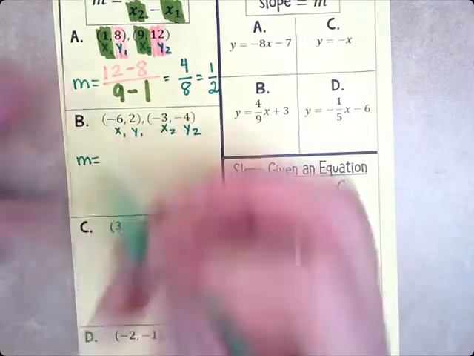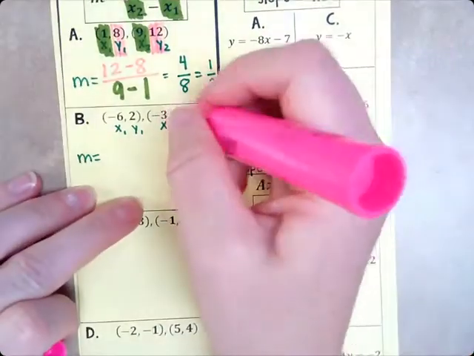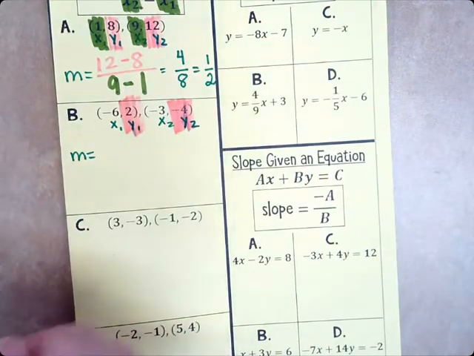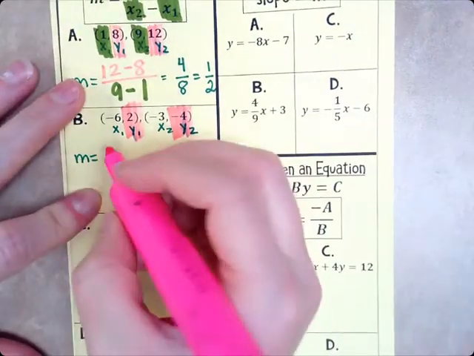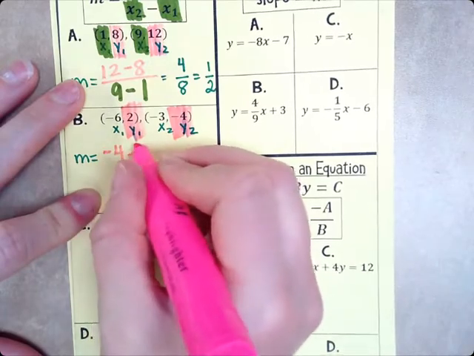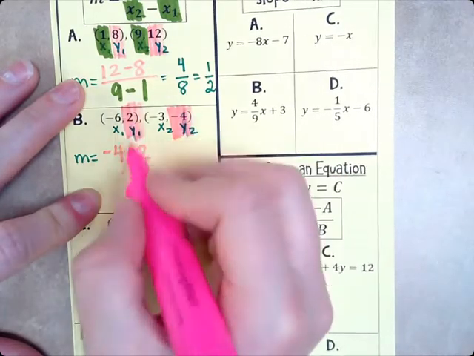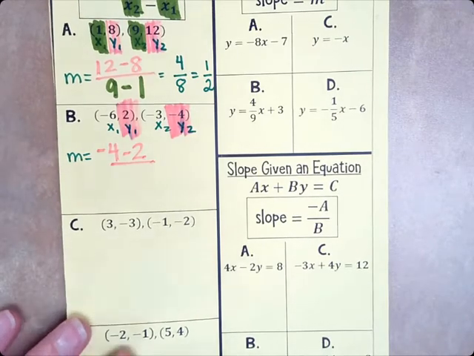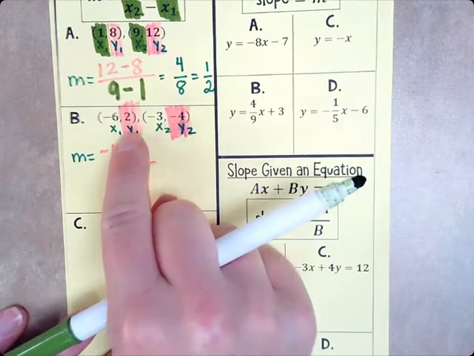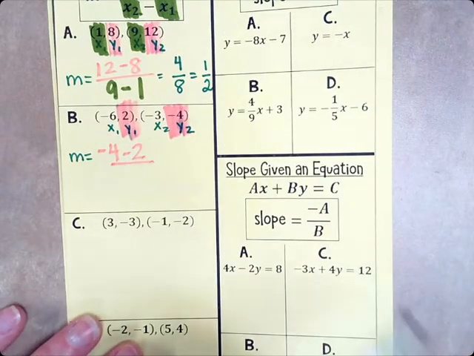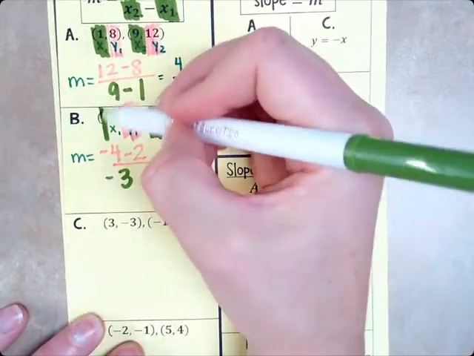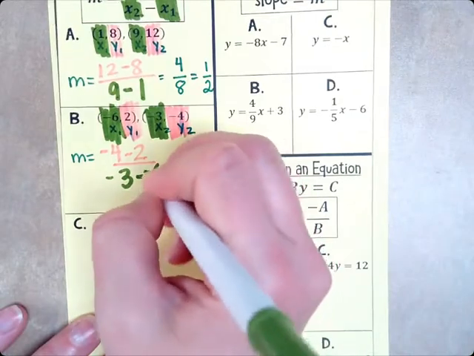So m equals, if you want to use your highlighter again, you can. y2 minus y1, -4 minus 2 over x2, -3, minus x1, minus a -6.